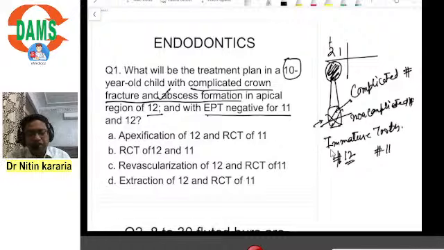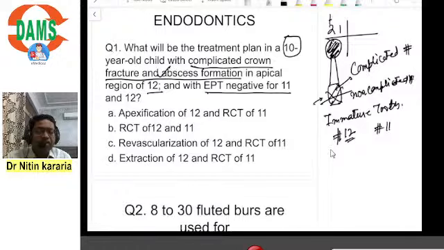So if we look at the options, apexification of 1-2 and RCT of 1-1 is partially correct because apexification can be attempted, but this tooth has a poor prognosis, so we would not go with this option. RCT of both 1-1 and 1-2 is again incorrect.